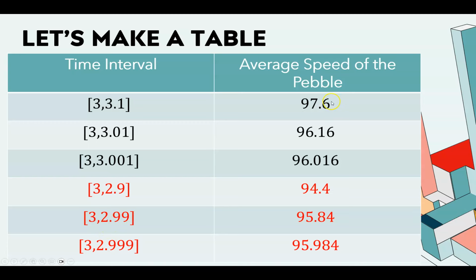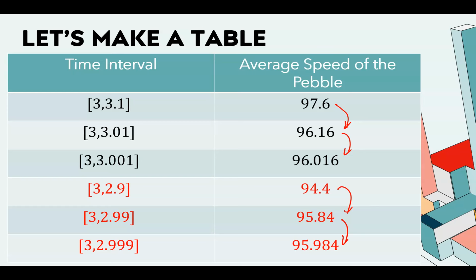And so you can see, as the time interval gets closer and closer to being 3 to numbers closer and closer to 3, the average speed of the pebble gets closer to 96. And that's actually true if you go from 3 to 2.9, 3 to 2.99, 3 to 2.999. We see these average speeds are also getting closer to 96.